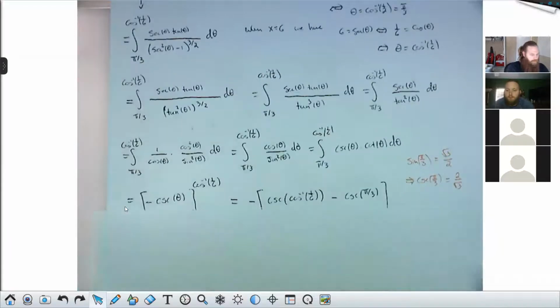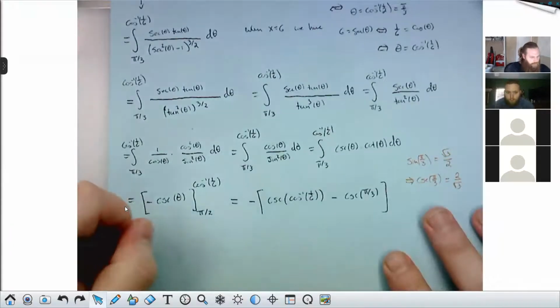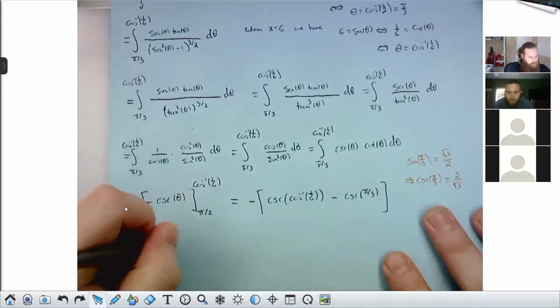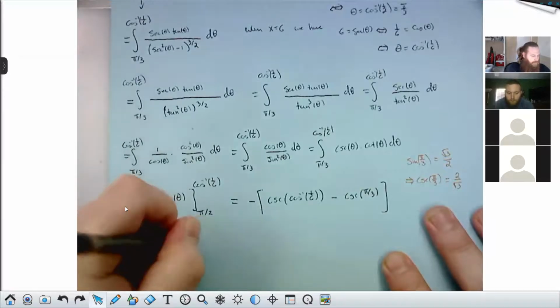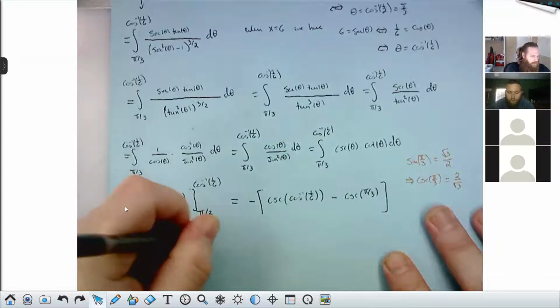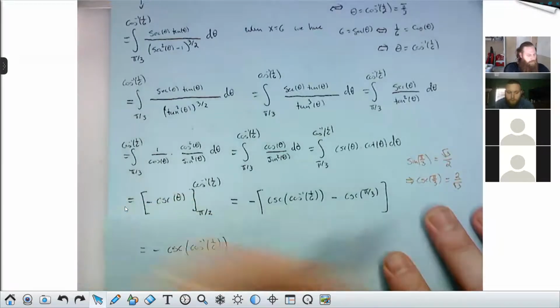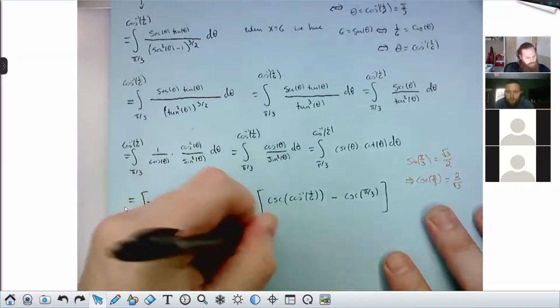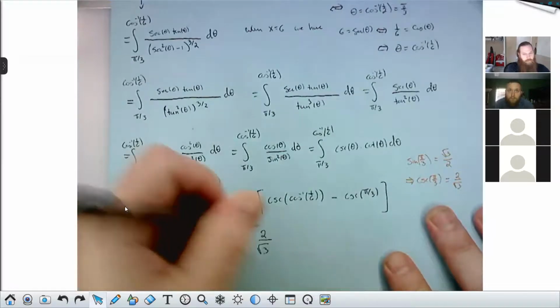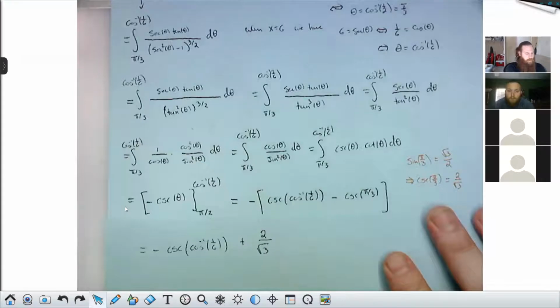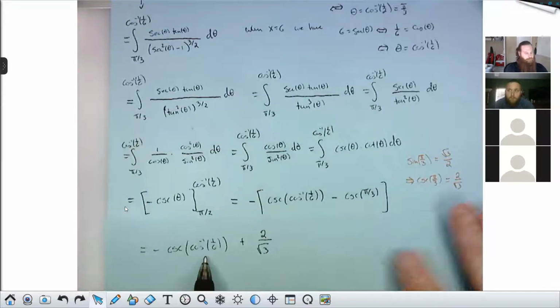From here, I have negative cosecant. I'll just distribute the negative: inverse cos of 1/6. And then minus minus will make plus 2 over the square root of 3. And then to handle this piece, we've got to draw a triangle.